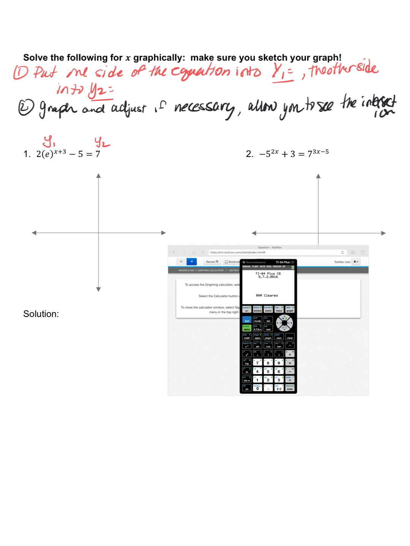Also make sure that you can see your cursor, and move your cursor accordingly. And then the last thing is you're going to use intersection to find your solution.